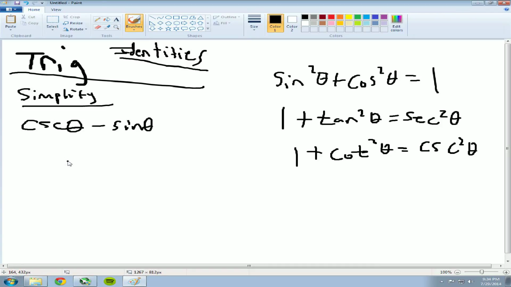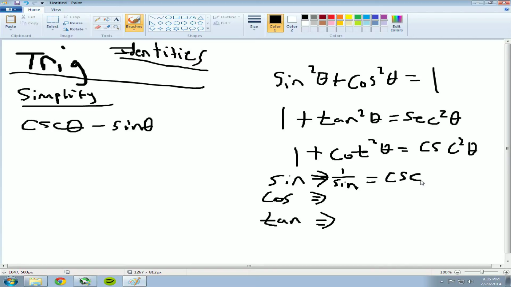Now, this might seem a little tricky, but the main thing you have to realize is that each of these, sine, cosine, and tangent, has an inverse. So the inverse of sine, which is 1 over sine, is equal to cosecant.